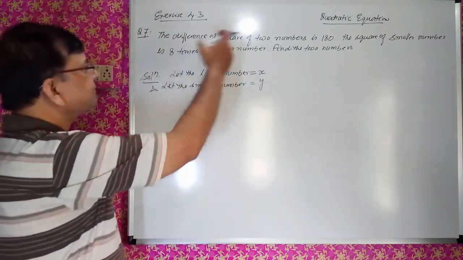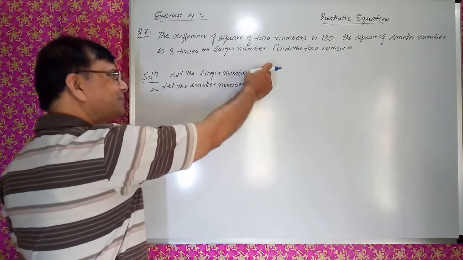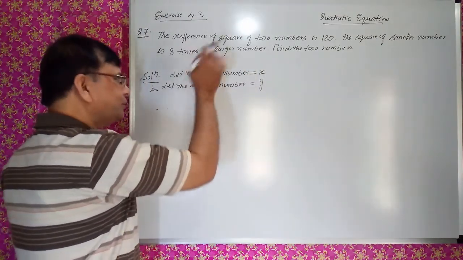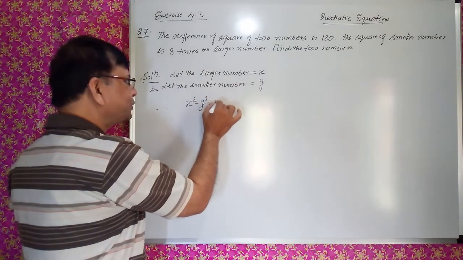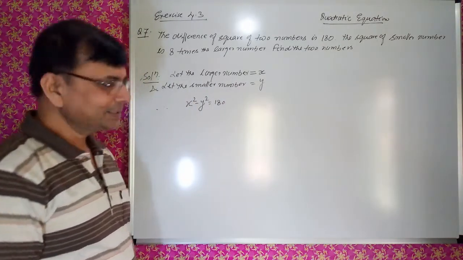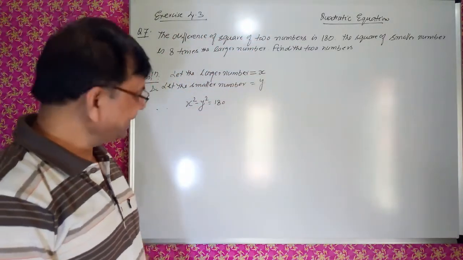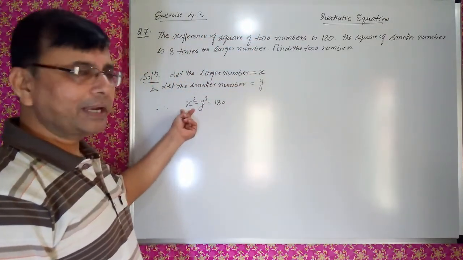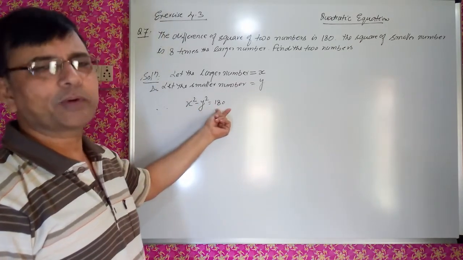So the difference of the squares of these two numbers. One number is this, another is this. This is bigger. Therefore, according to the condition given, x square minus y square is equal to 180. See what is given? The difference of the squares of two numbers. Naturally, bigger number square minus smaller number square, the difference of these two is 180.